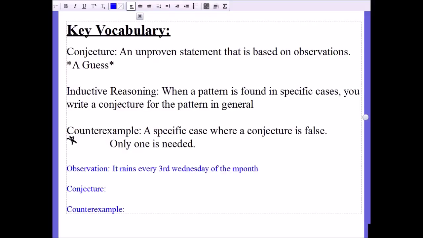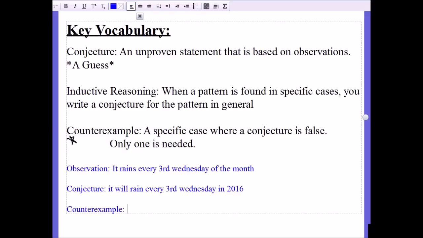You go back in your calendar, and every 3rd Wednesday of the month it was raining sometime during the day. So my conjecture is basically it will rain every 3rd Wednesday in 2016. For a counterexample, I only need one of these 3rd Wednesdays for it to be sunny.